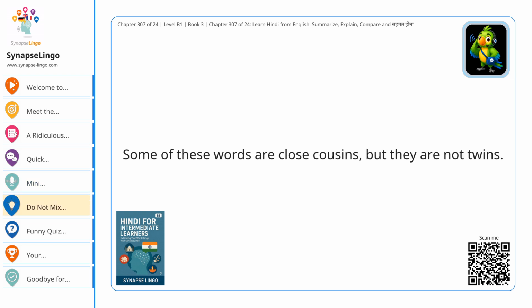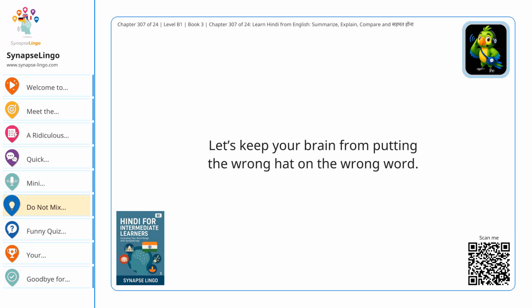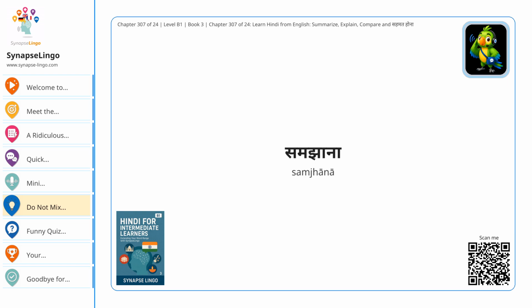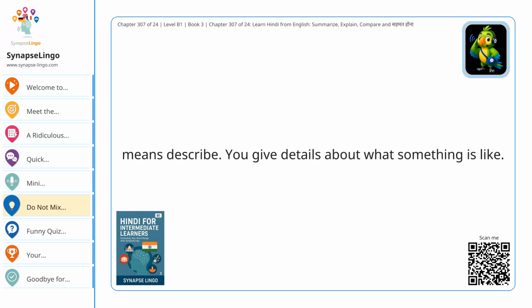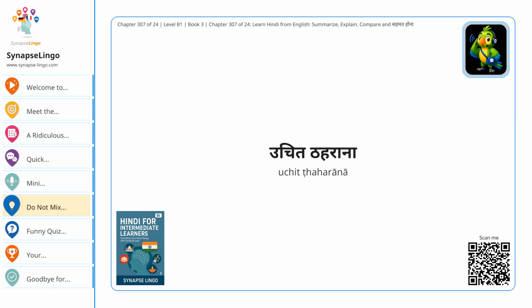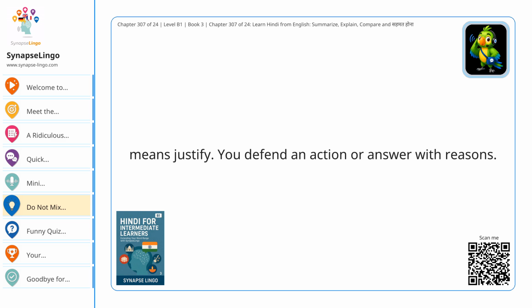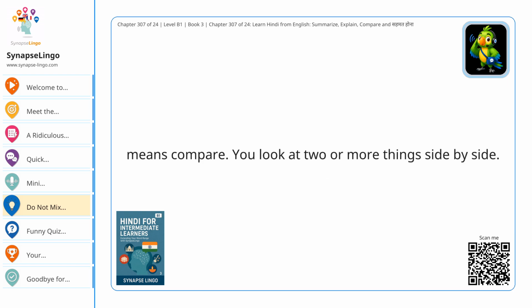Do not mix these up. Some of these words are close cousins, but they are not twins. Let's keep your brain from putting the wrong hat on the wrong word. समझाना means explain. You make something clear. वर्णन करना means describe. You give details about what something is like. उचित ठहराना means justify. You defend an action or answer with reasons. तुलना करना means compare.